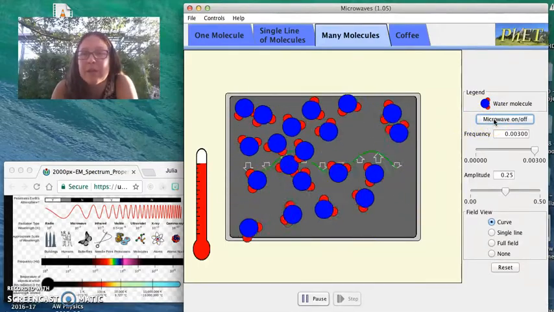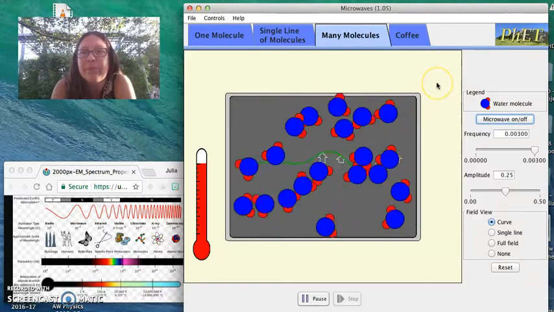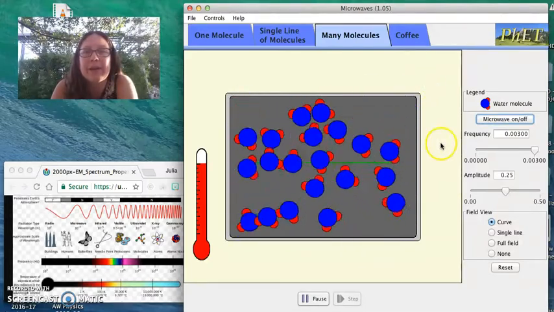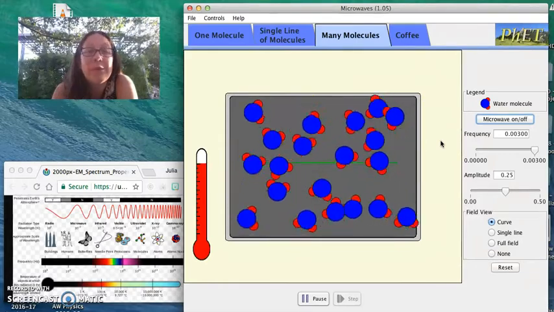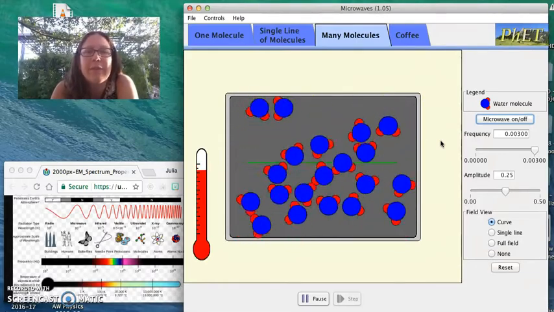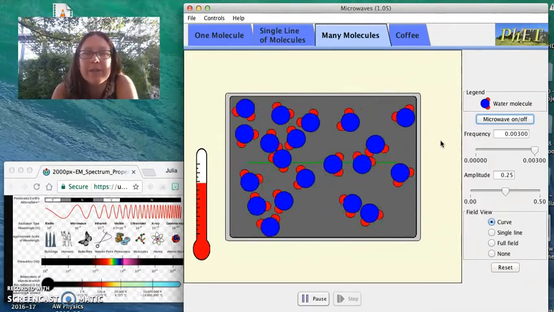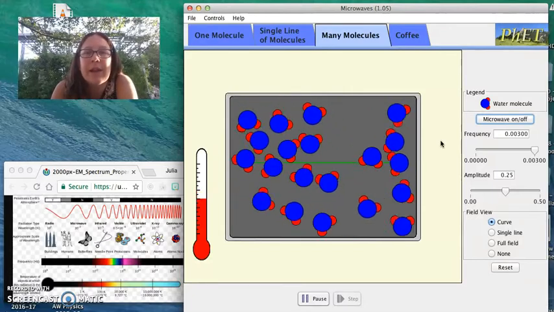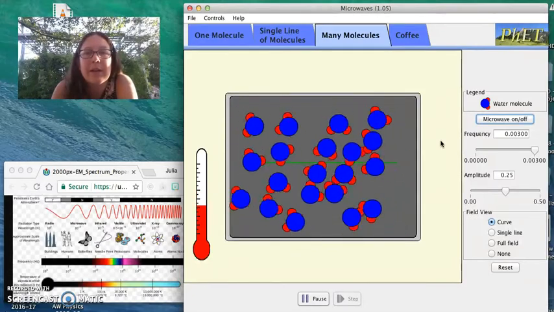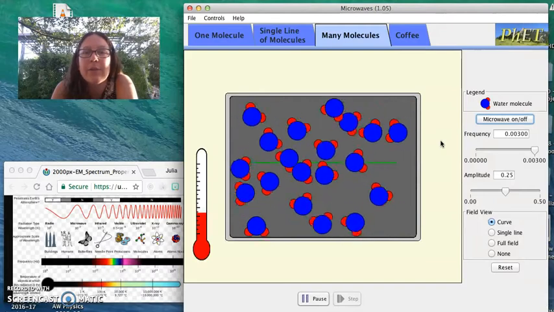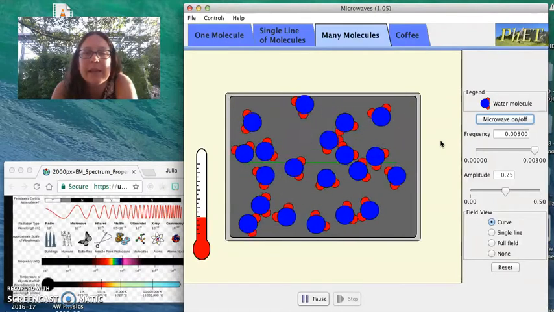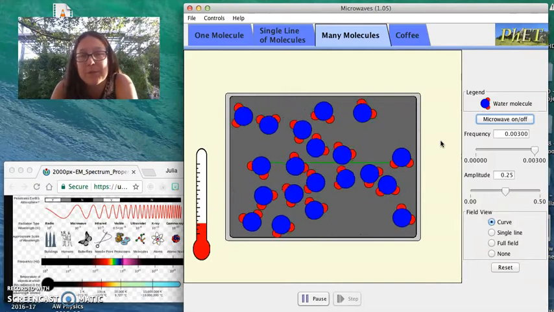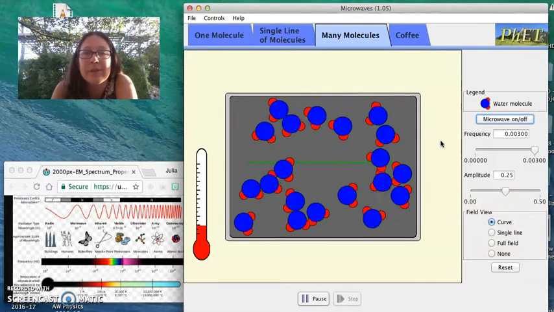You can also see that I can turn this microwave oven off. And so the green line behind us kind of goes back to normal, meaning we're no longer inputting energy into the field. However, the molecules still have some motion, and they're still able to transfer energy to each other, though they're slowing down over time, presumably because they're radiating energy out of themselves, possibly in the infrared part of the spectrum, and presumably that should actually affect the electric field as well.